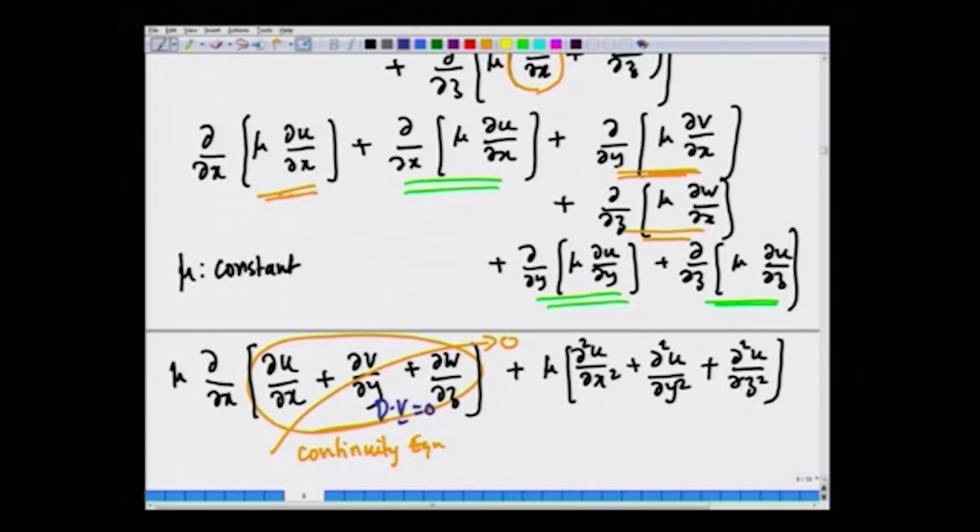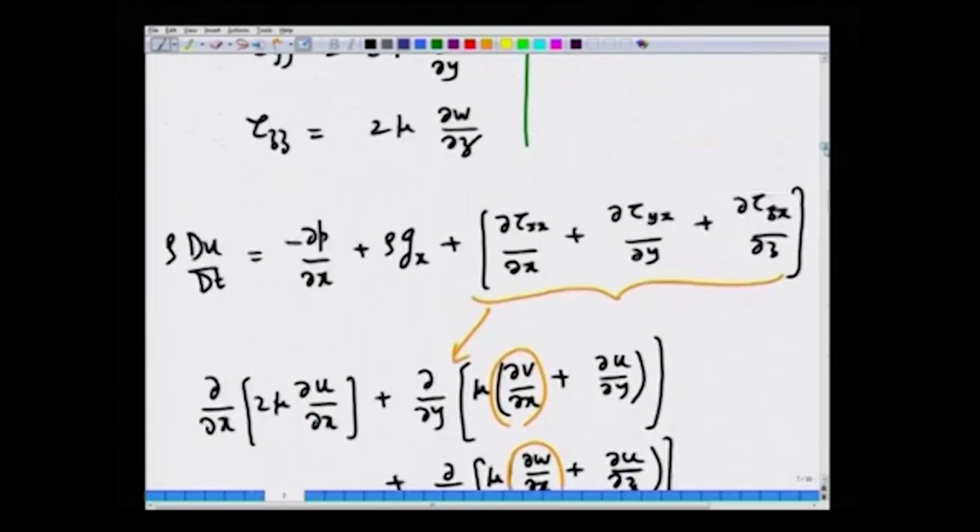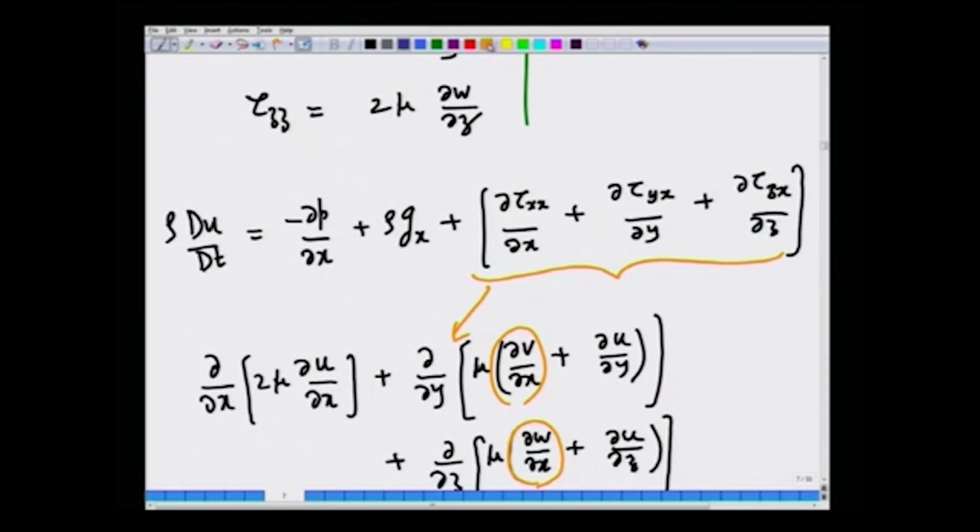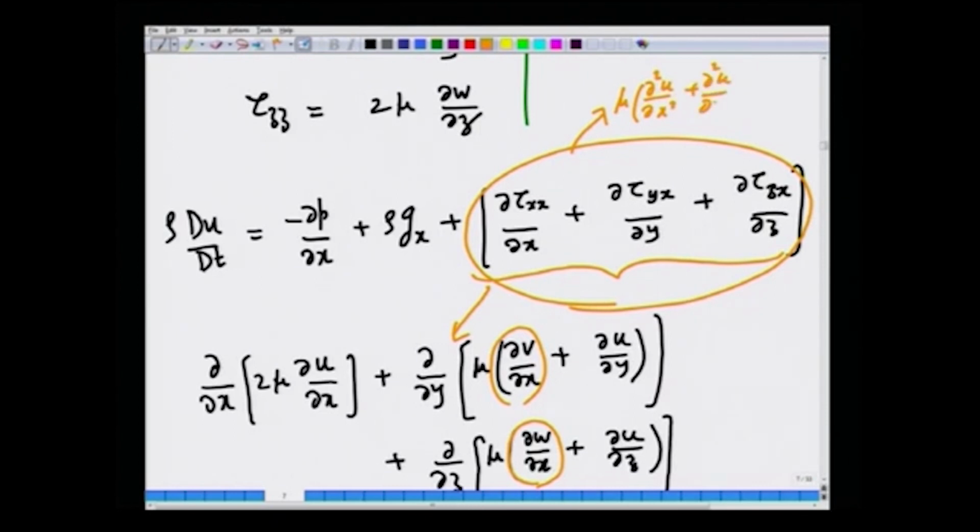Okay. So, if you look at this expression, the only thing that survives is that this becomes mu times partial squared u partial x squared plus partial squared u partial y squared plus partial squared u partial z squared.